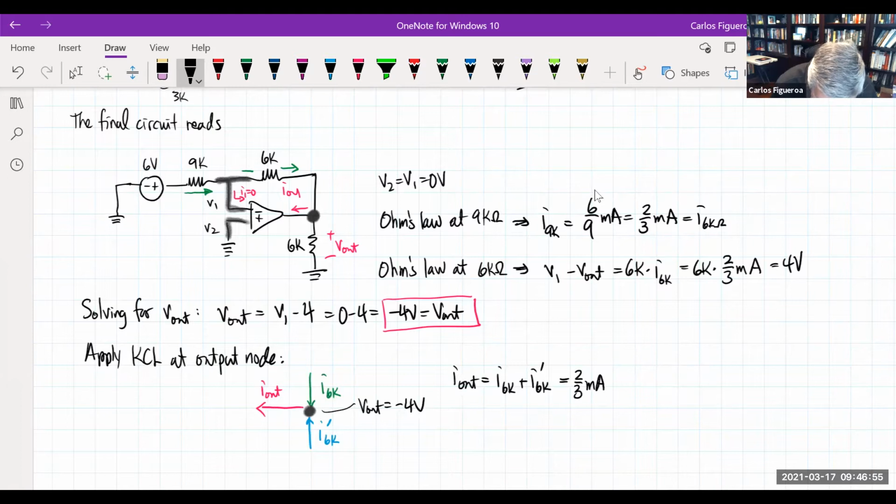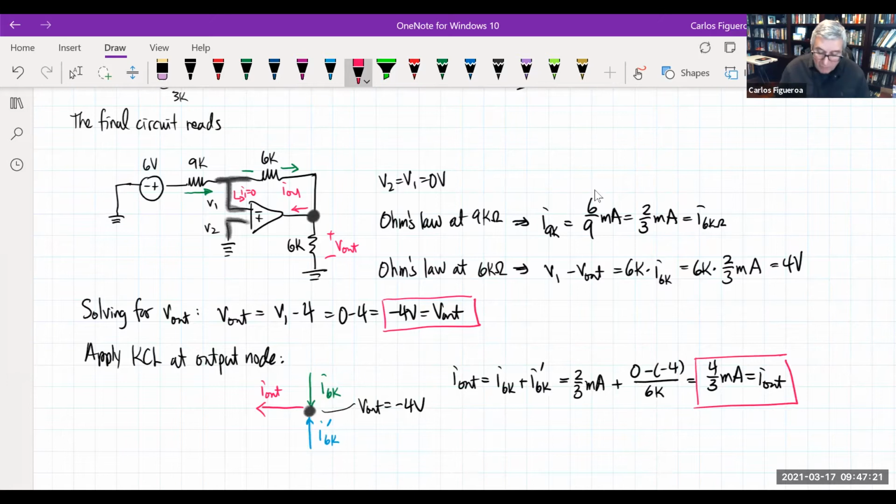Then I'm looking at the 6 prime here. This guy is going to be 0 minus 4 divided by 6K. Well, that's also 2/3. So I should then get 4/3 milliamp for the output current.